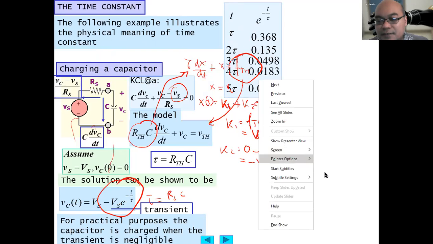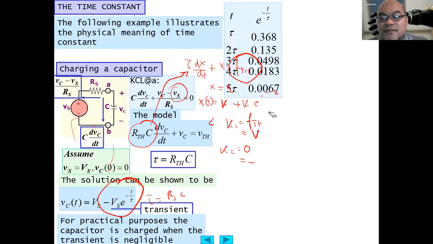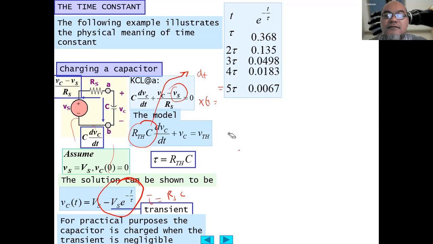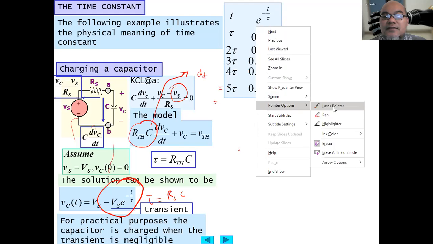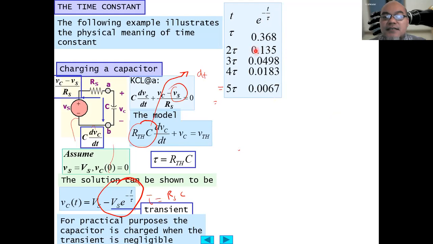Let me erase this part first so that it can be clearly seen. At tau, this value becomes 0.368. At 2 tau it is 0.135. At 5 tau it is 0.0067.